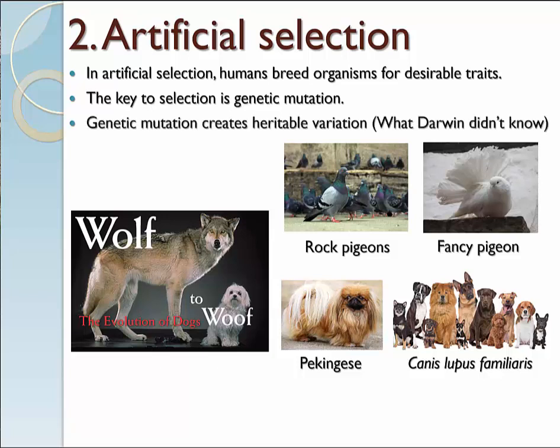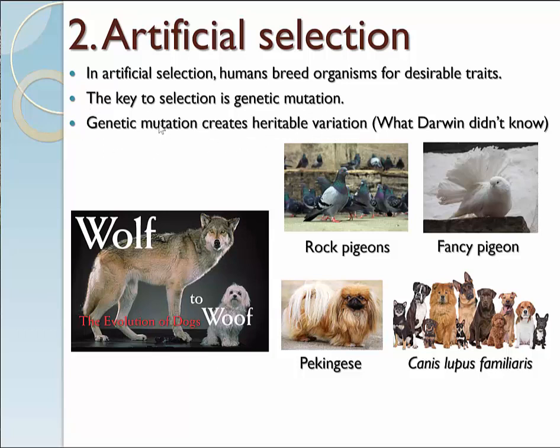And genetic mutation creates heritable variation. But this is something Darwin didn't know, and this was another problem for his theory, because he didn't have a good explanation for how this heritable variation arose.